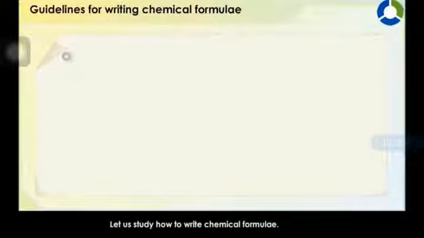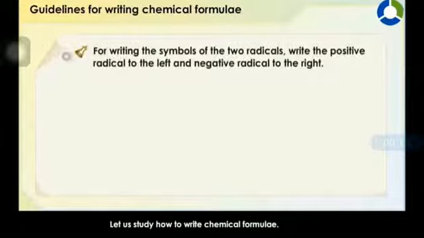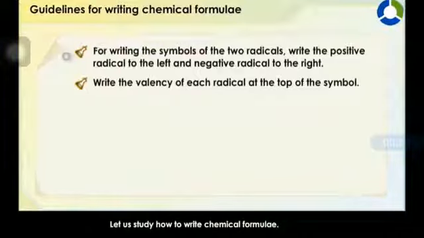Guidelines for writing chemical formulae. Let us study how to write chemical formulae. For writing the symbols of the two radicals, write the positive radical to the left and negative radical to the right. Write the valency of each radical at the top of the symbol.